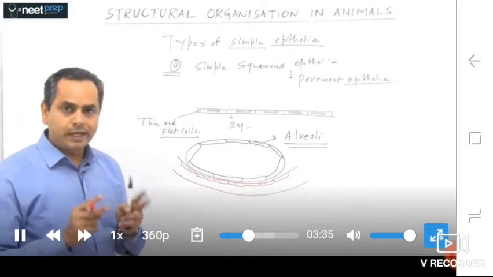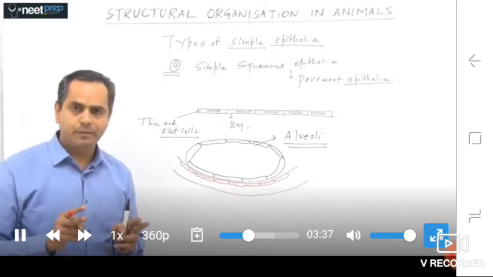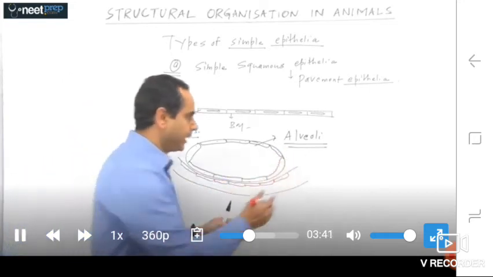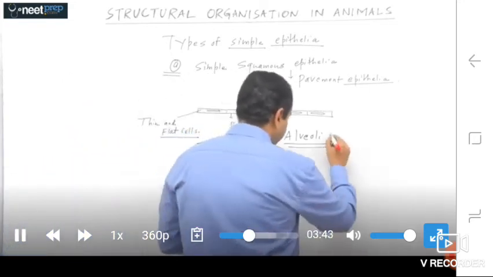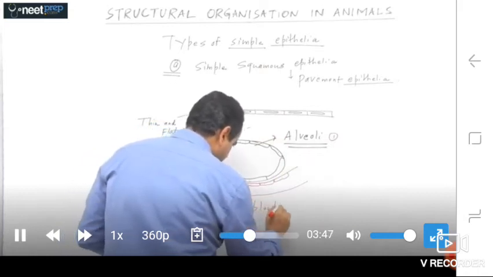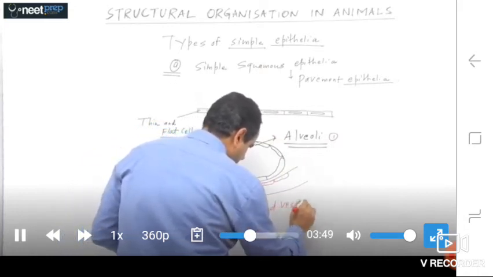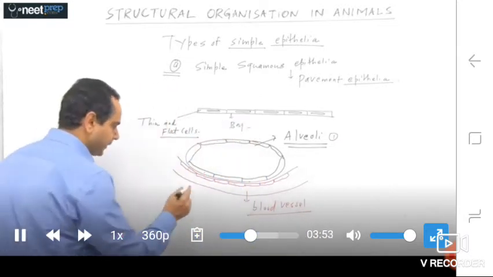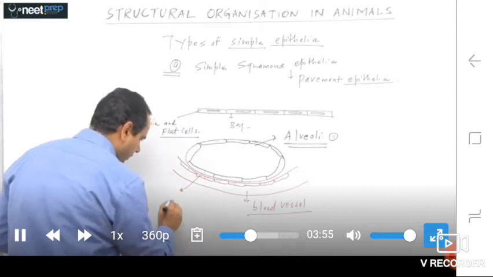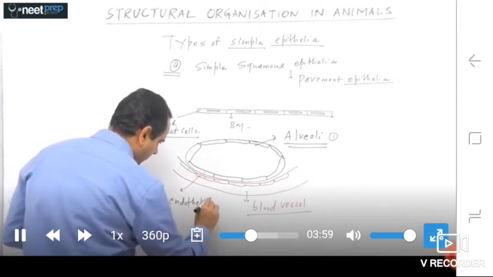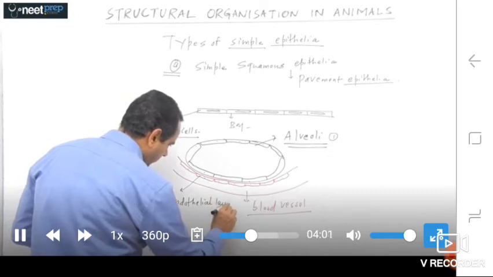So here we can see two examples of the simple squamous epithelia. Number one, the lining of alveoli, and second, the lining of blood vessels. Remember, this lining is also called endothelial layer.